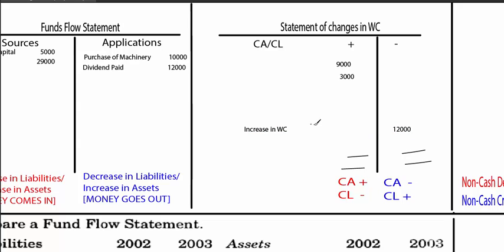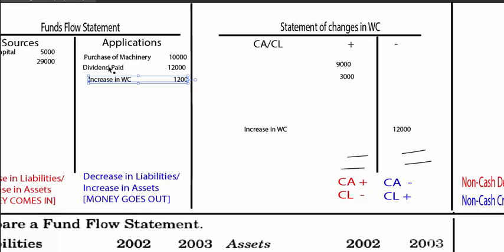So an increase in working capital basically means current assets has increased. Now what happens, increase in assets means it's an application. So this will go here. So increase in working capital is 12,000.